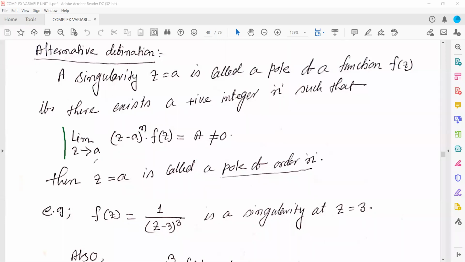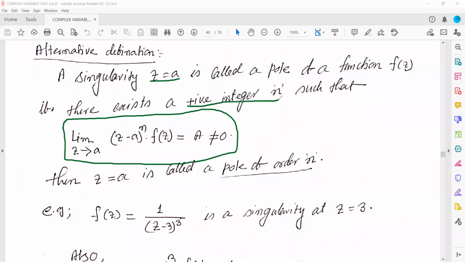Just remember this: how to find out the pole and what will be the order of that pole. If you have a singularity at z equal to a, and you are checking whether this singularity is a pole or not, and what the order of that pole will be, then you find this limit: limit z tends to a of (z minus a) to the power n times f(z).